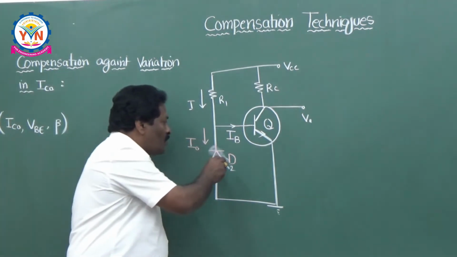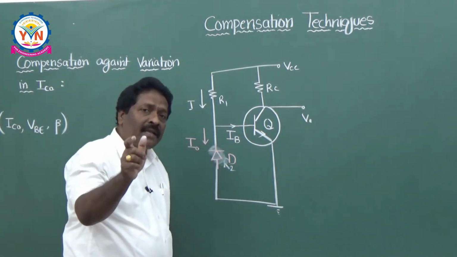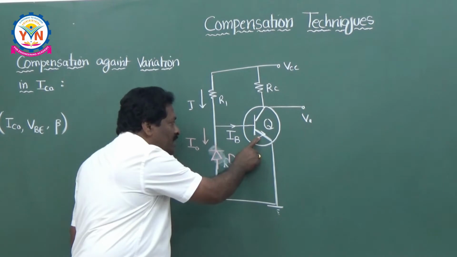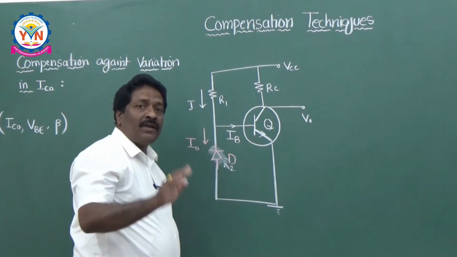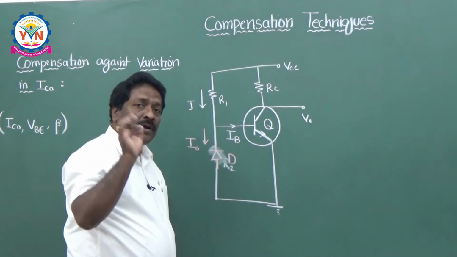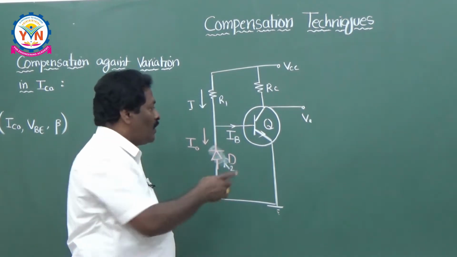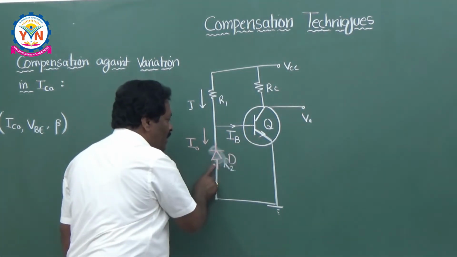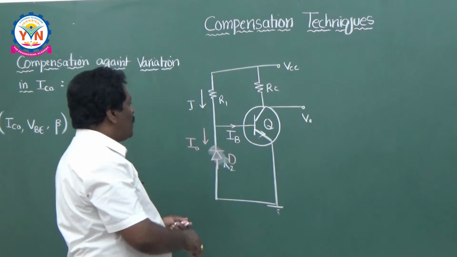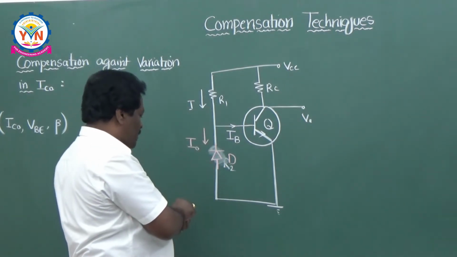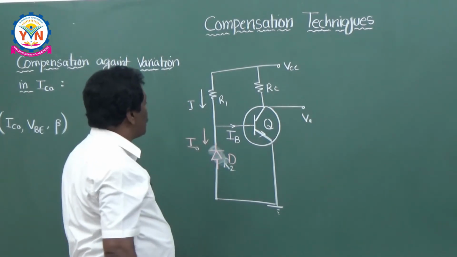And I already told you, you have to select the same material for the construction of the transistor and diode. Either you have to take silicon or germanium, but you have to take only one type of material for both devices, transistor as well as diode here. Now from this immediately you can understand how this compensation can take place.